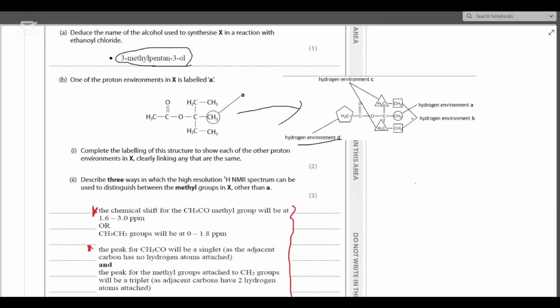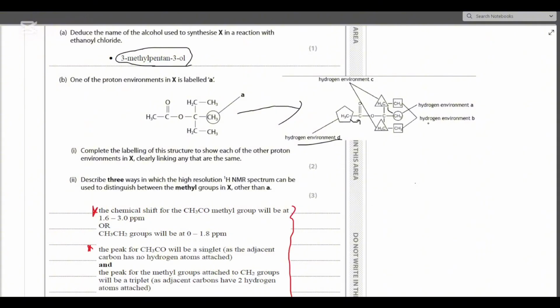If this is proton environment A, then this is proton environment D, because you can clearly see that the adjacent carbon atom is different, or the environment around the hydrogen protons here is different. The protons in this environment are consistent with the ones present right here, because both of them are connected to the same adjacent carbon atom.